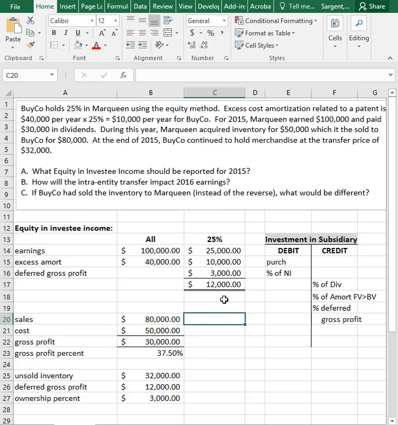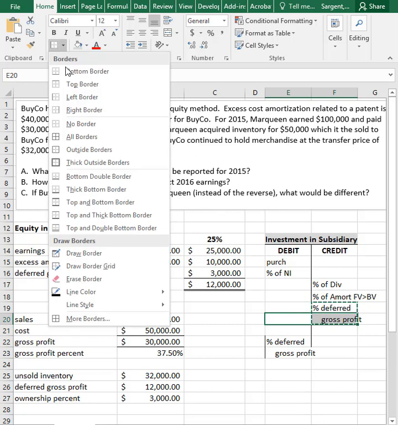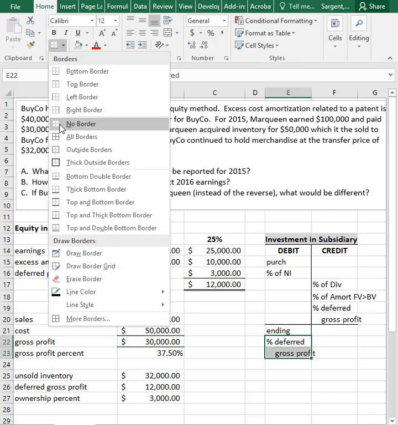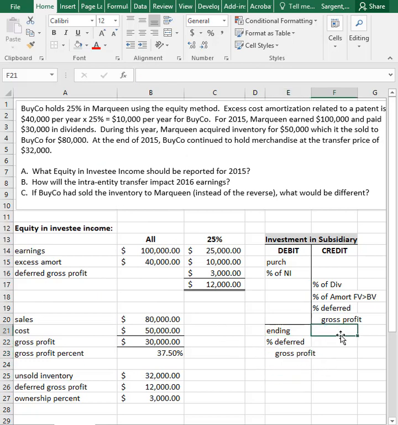Now, how will the intra-entity transfer impact 2016? So we defer the gross profit in 2015, and what will happen is that in the following year, there'll be an ending balance here, and that deferred gross profit will be reversed in the following year.